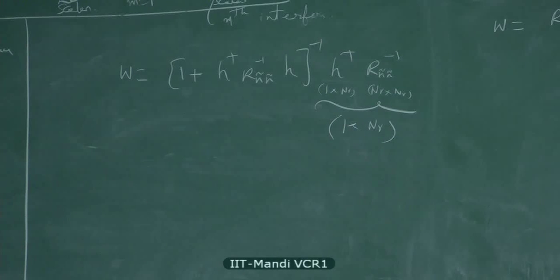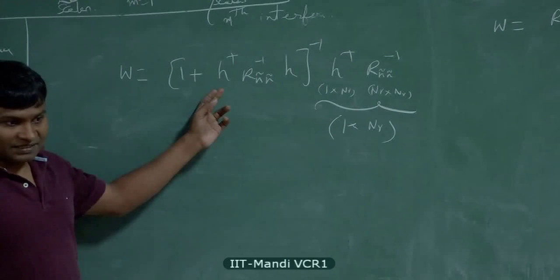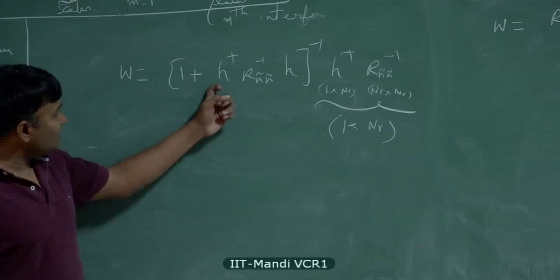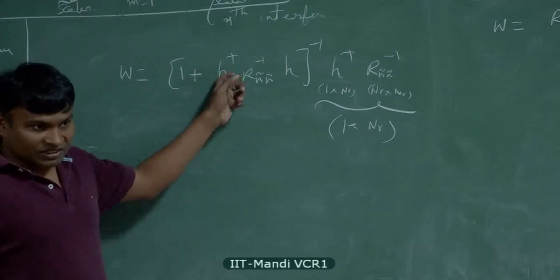That is consistent with our definition of W. And what is this? Well, this is something related to the bias, and you can simply ignore this term. So you can multiply W with 1 plus H Hermitian Rn inverse H, so as to get rid of this term.